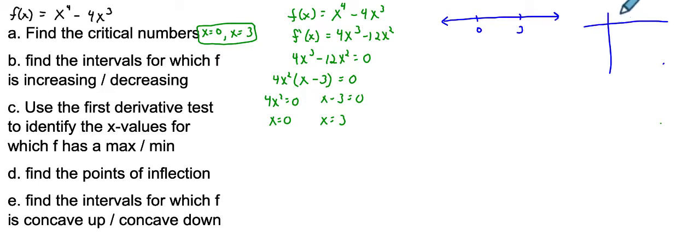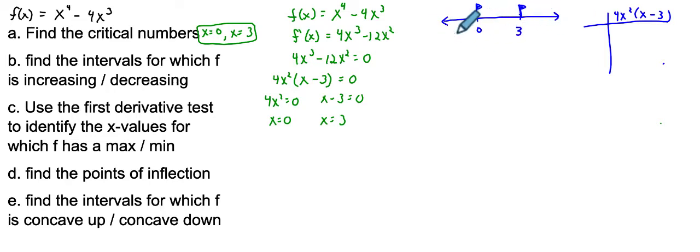This is where I'm focusing on the derivative. Our derivative is 4x squared times x minus 3, and I want to figure out when this is positive or negative. Since my key values are at 0 and 3, I'm going to choose points in each of these intervals.